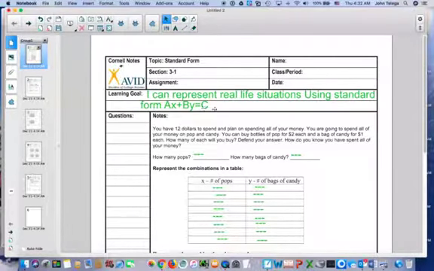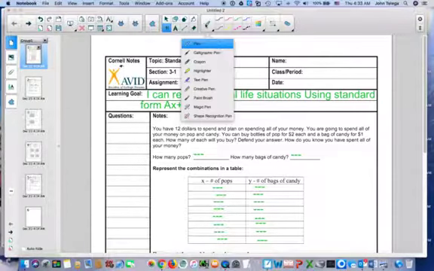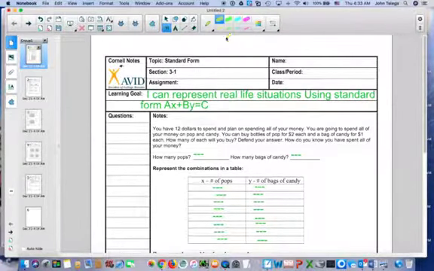This is the part right here that is what we're really talking about today. Make that yellow. So that's standard form, okay? And we're going to learn how to take these word problems, these situations, and put them into standard form, okay?